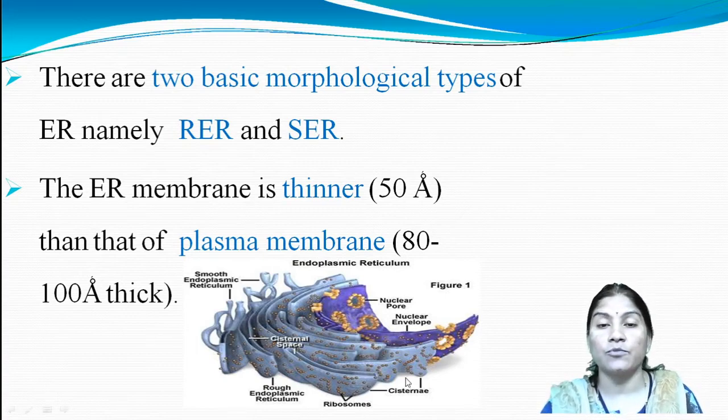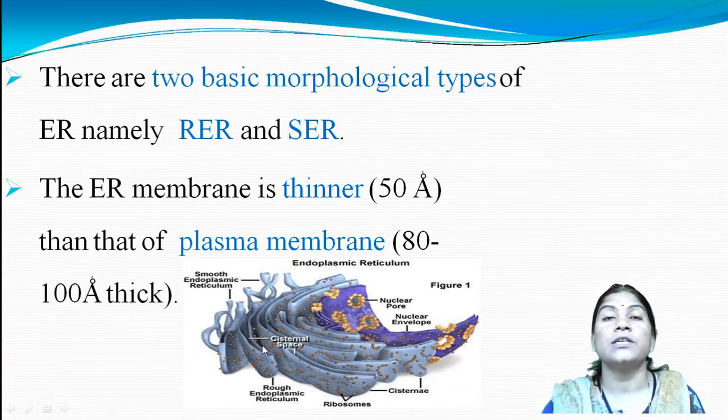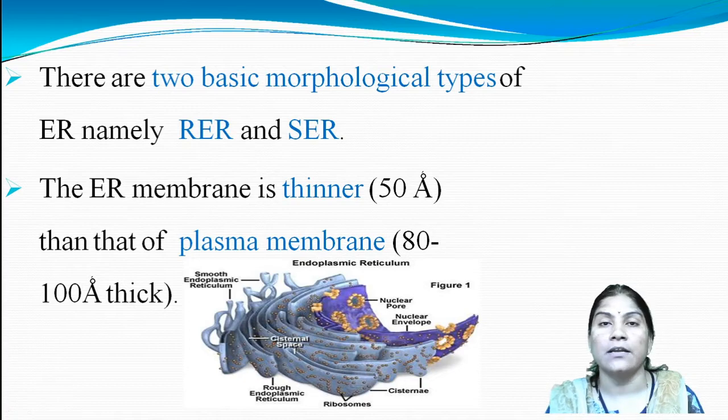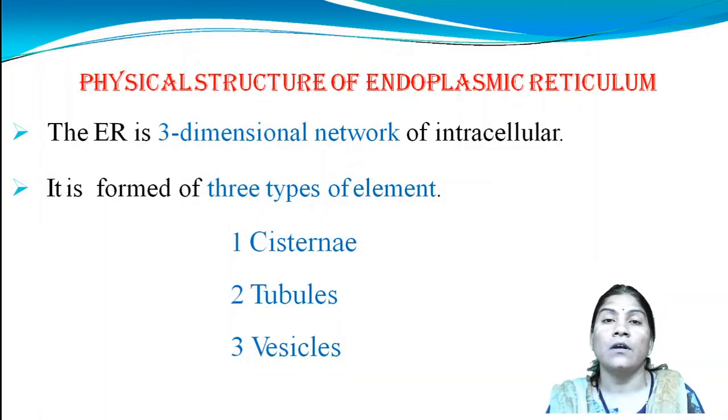This diagram shows the ultrastructure of the endoplasmic reticulum. Between two cisternae there is an intermediate space, and that space we call the cisternal space.